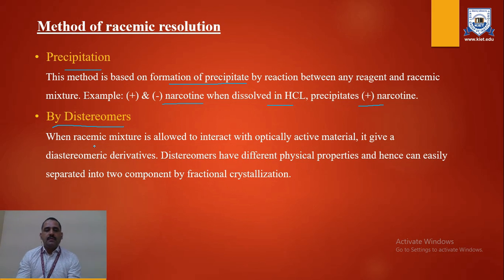Afterwards, the diastereomer will be released from the single isomer, and finally we will get a single isomer by this method. So that is the whole about racemic resolution.